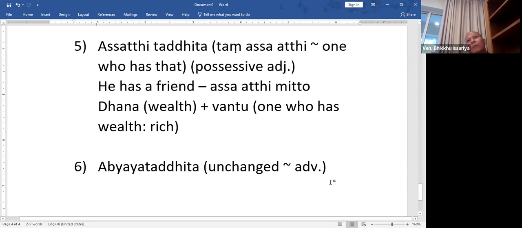The word form is unchanged but used as an adverb. Sometimes some words are adverbs of time, temporal adverbs; some words are adverbs of place, local adverbs; maybe some words are adverbs of manner, how, or something like that.